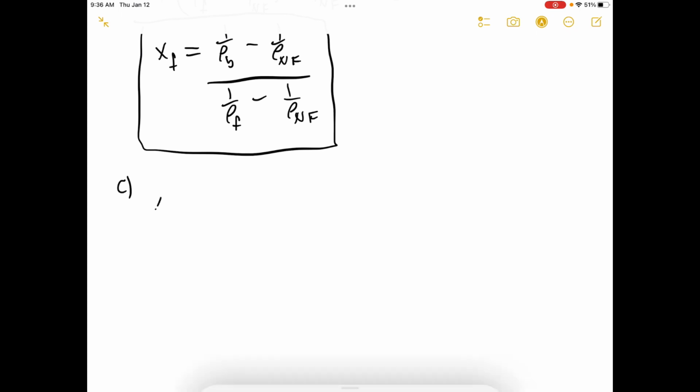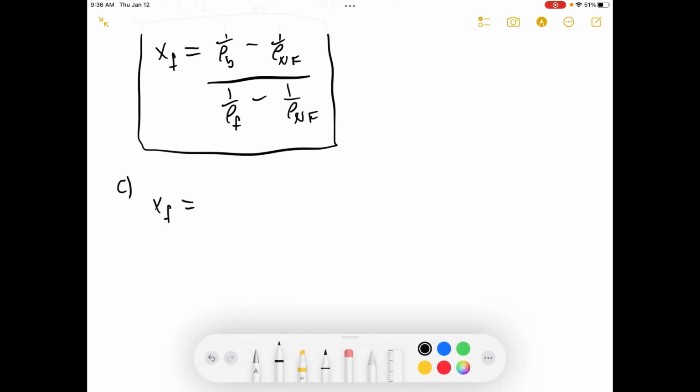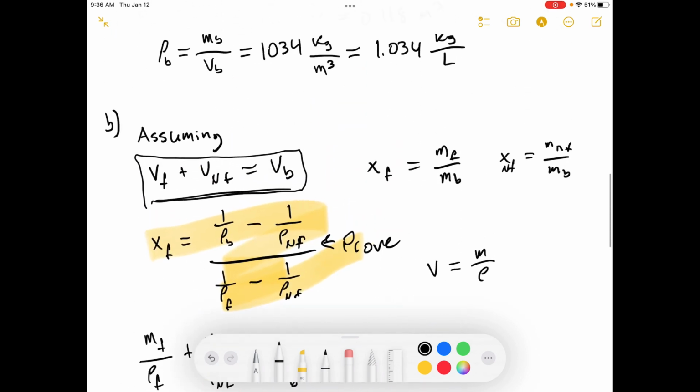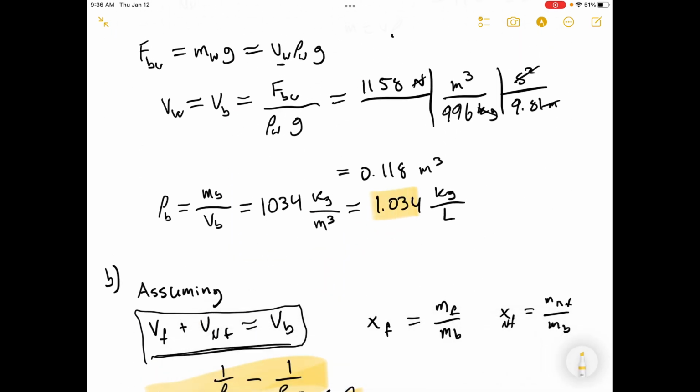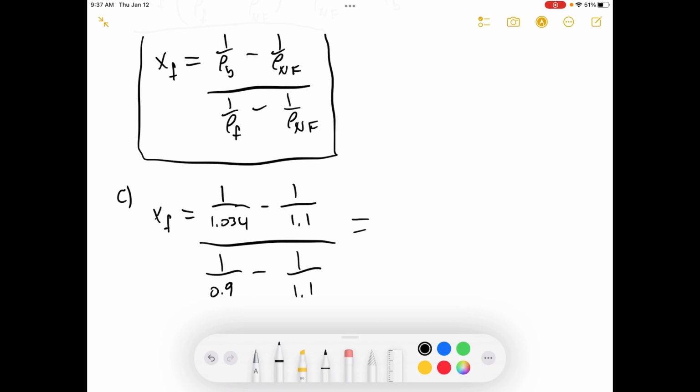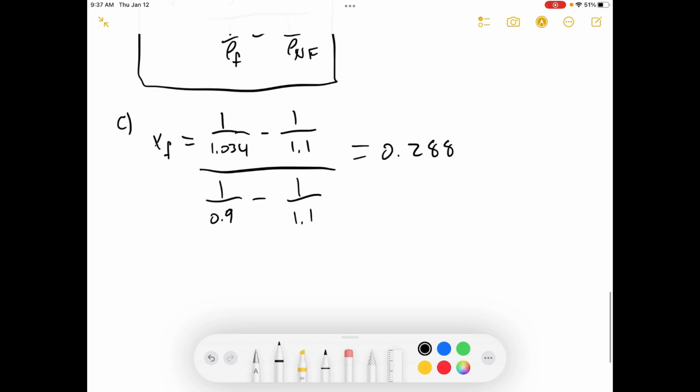So we've got XF equals 1 over, okay, so the body we said was this, so 1.034 minus non-fat 1.1, over fat 0.9 minus non-fat 1.1. And this equals, that's our mass fraction of fat.